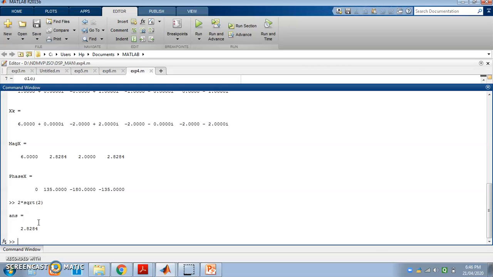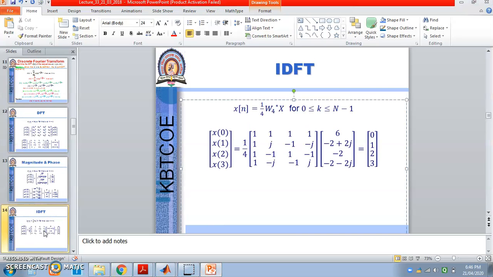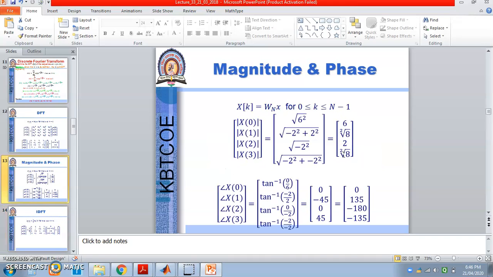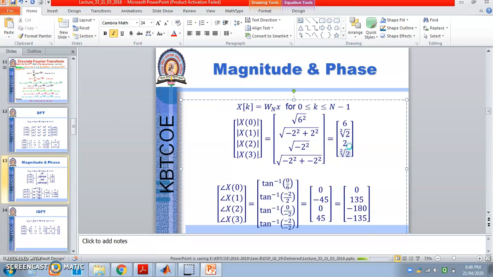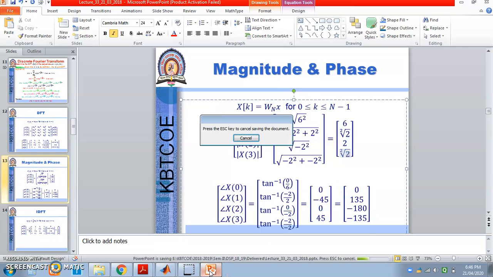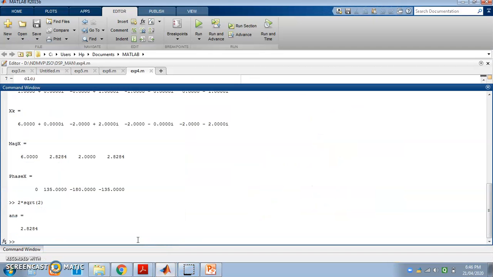We have calculated it in the slides, and there is a printing mistake: instead of this 8, it should be a 2. Sorry for that, this should be a 2, and again this should be a 2. So this is our solution that we are getting over here in MATLAB also, and that is equal to plus 2.82.